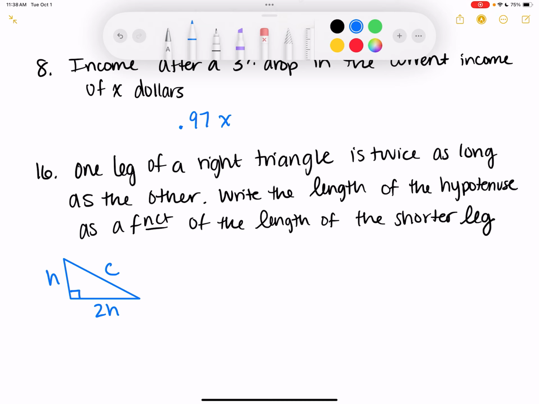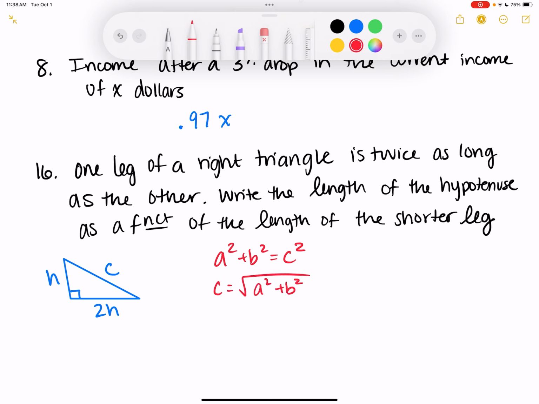What equation do I normally use with a right triangle? Pythagorean theorem, which is a squared plus b squared equals c squared. So c is the square root of a squared plus b squared.